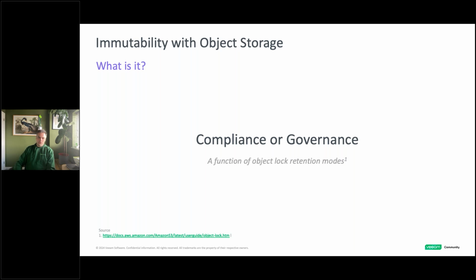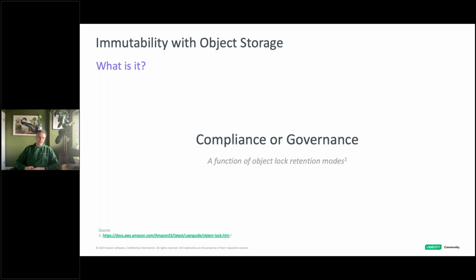So, immutability with object storage, what is it? You may have seen these terms before: compliance or governance. They are functions of object lock retention modes. Now, I'm using the AWS S3 definition. Most object storage vendors, bar a few, cough Microsoft, follow the S3 standard.